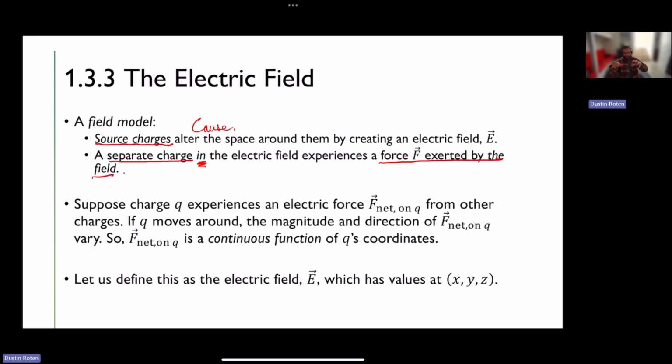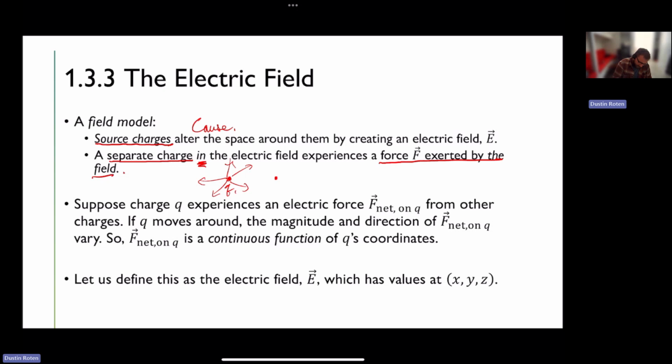Okay, so that gets at what I was talking about on the previous slide. We have to have something that causes the field, Q1. So here's our electric field. We'll get into how to draw these better in a few more slides from now. But for now, just know that this field, when it's positive, radiates out from the particle that's causing it.